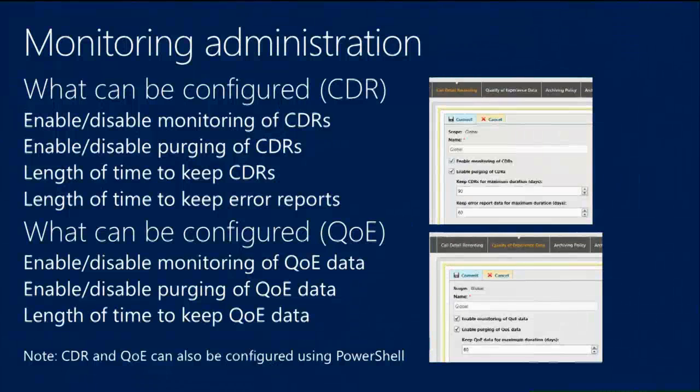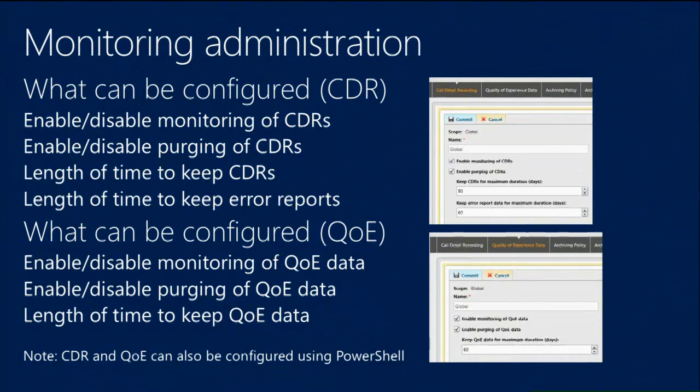So at this point, you have installed monitoring server, you have installed monitoring server reports. How do you configure them? Well, there are two bits here. If you can recall from one of the previous slides, there are two components. We have a QoE and CDR component. Configuration-wise, this is a screenshot from the Lync control panel. You can configure this either through the UI that you can see here, or also through PowerShell. That's another alternative. And you can see from the configuration that they are very similar in terms of what you can configure.